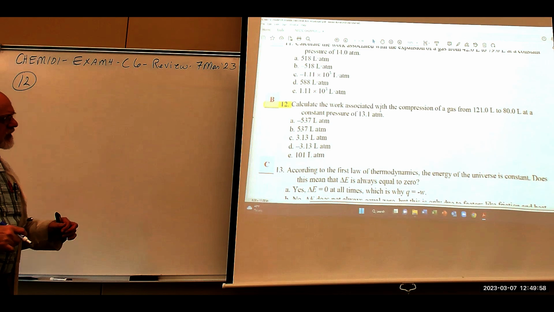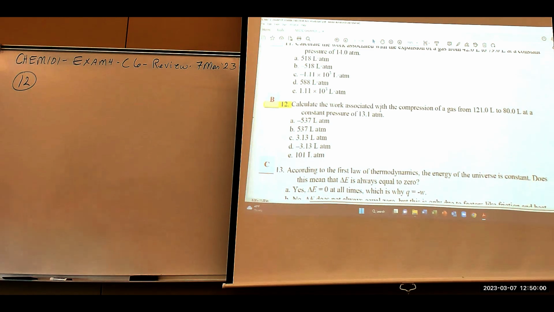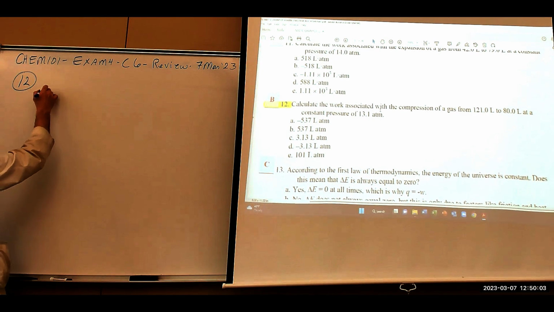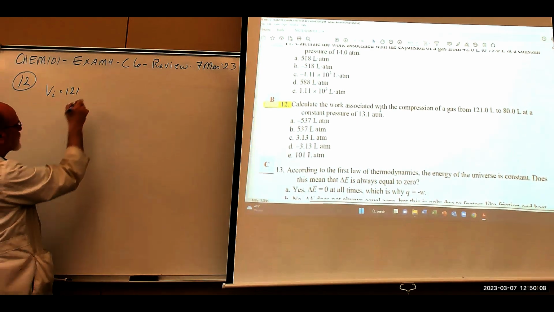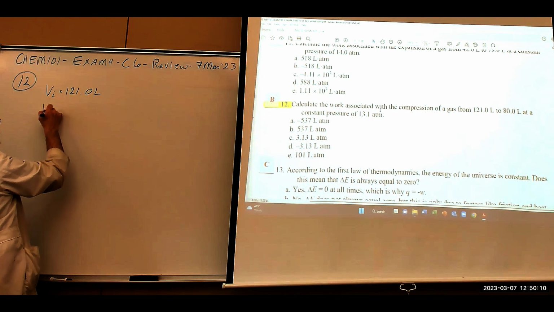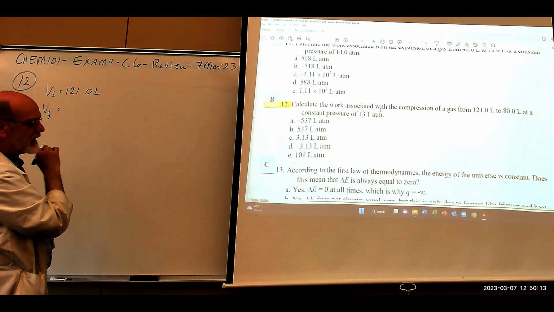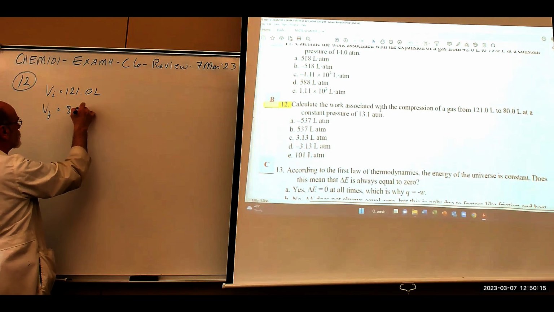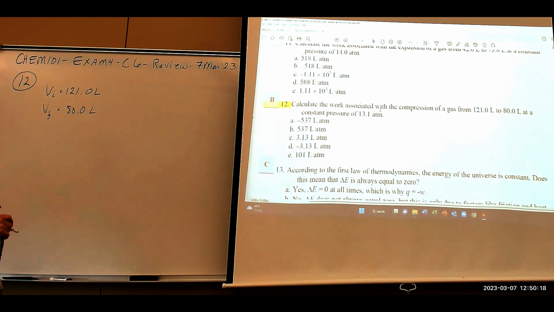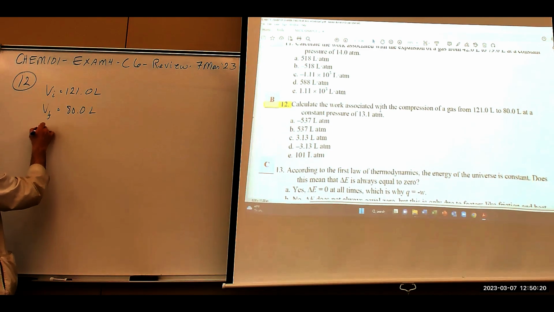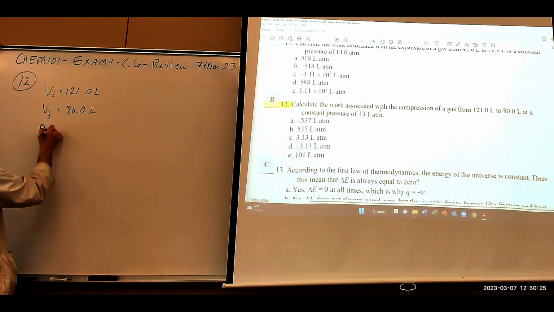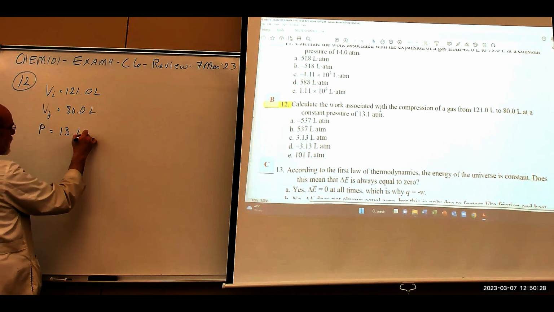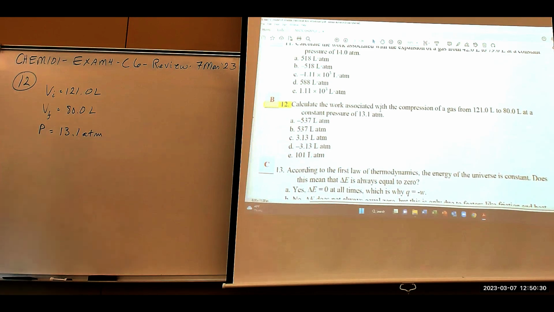Calculate the work associated with the compression of a gas from 121 liters. So initial volume is 121.0 liters. Final volume is 80.0 liters under a constant pressure of 13.1 atmospheres. Okay, this is nice.